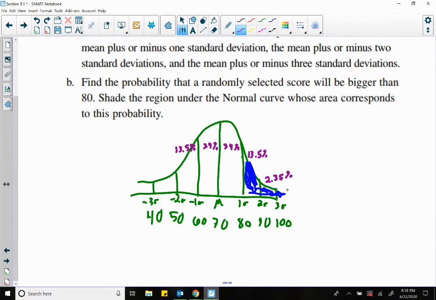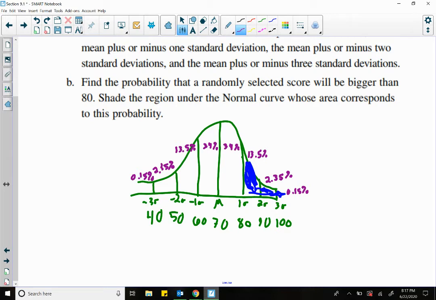And in previous videos, we found this guy to be 0.15%, just so you know. And again, same thing happens down here. This is your 2.35%. This was your 0.15%. We figured all those out.